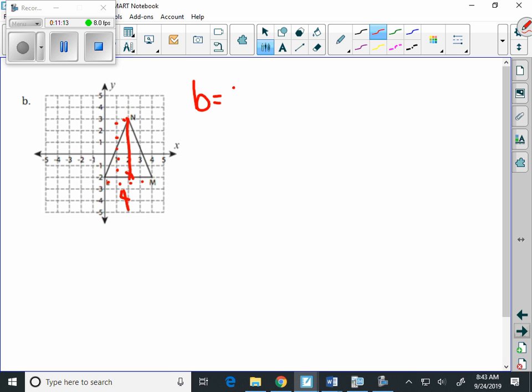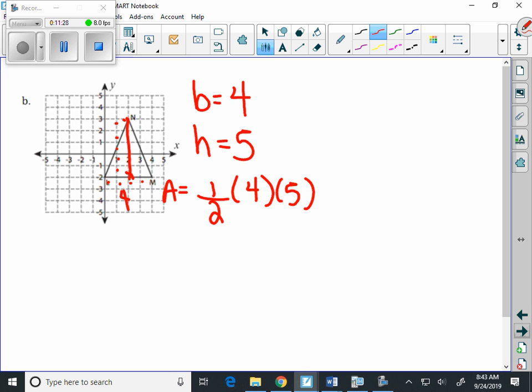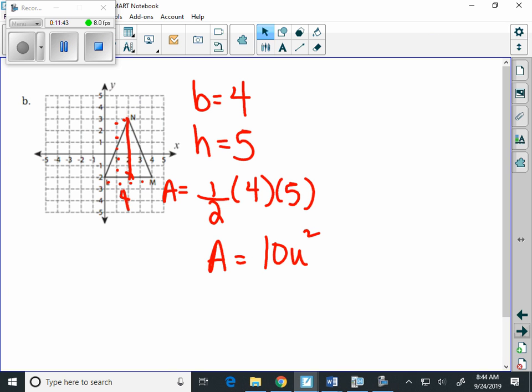So base is 4, because I can't write very small over there. Height is 5, and we fill in our formula. 1/2 times 4 times 5. That's going to be our area. 1/2 base times height. So our area then, 4 times 5 is 20, and half of 20 is 10. If you need to, type it into your calculator, but we get U squared there, units squared.